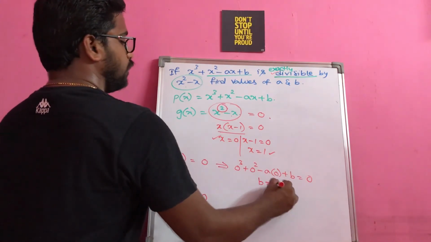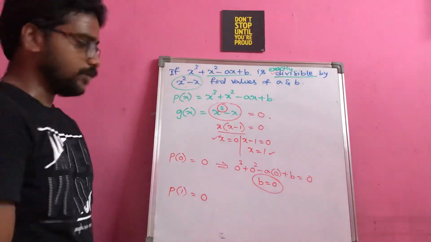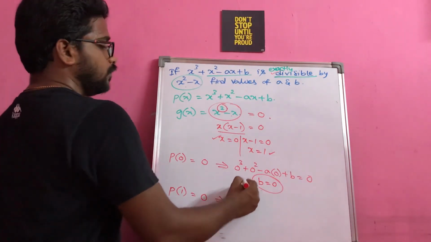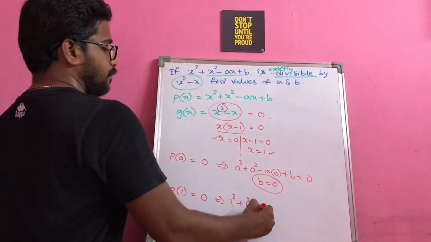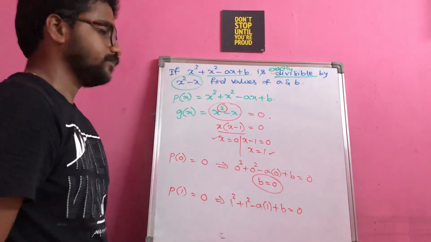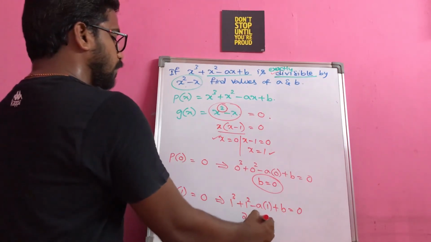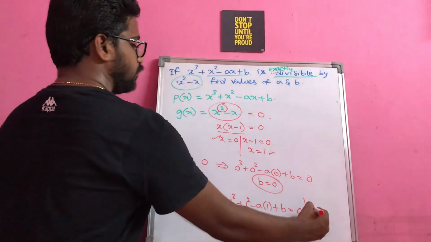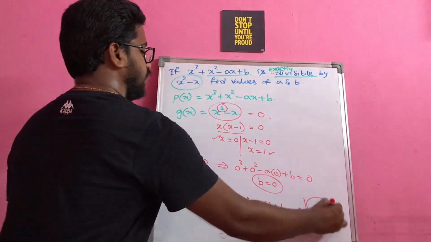If you simplify, you will get b is equal to 0. Now come to this one, p of 1: 1 cube plus 1 square minus a into 1 plus b is equal to 0. So 2 minus a, and b value is 0 as we got. If you simplify further, you get a is equal to 2.